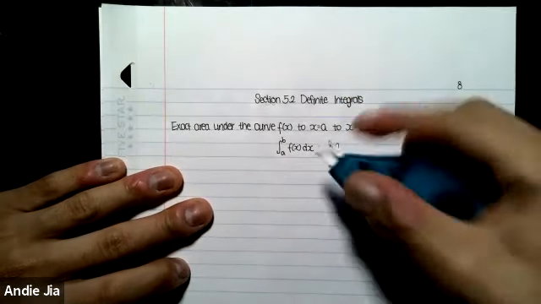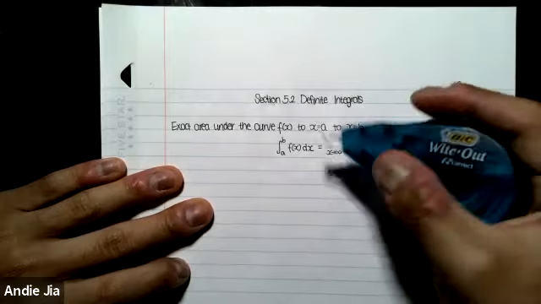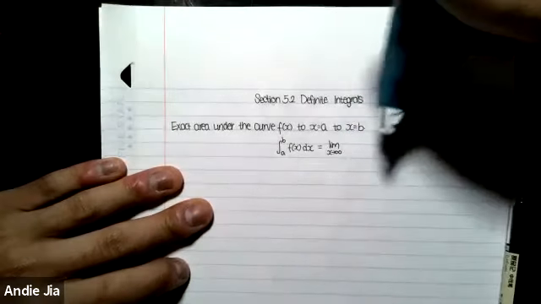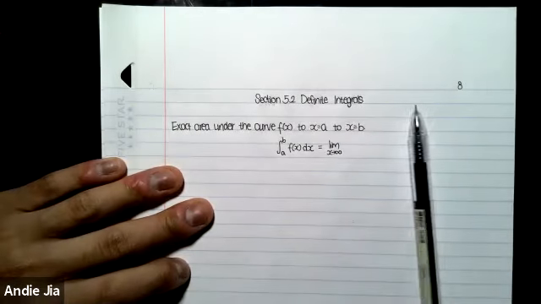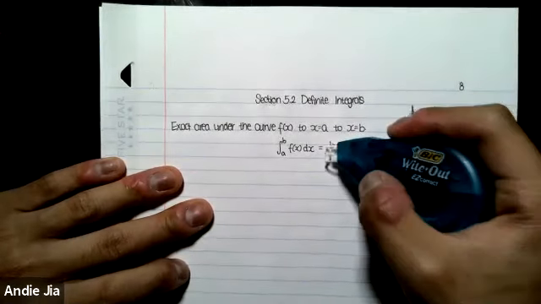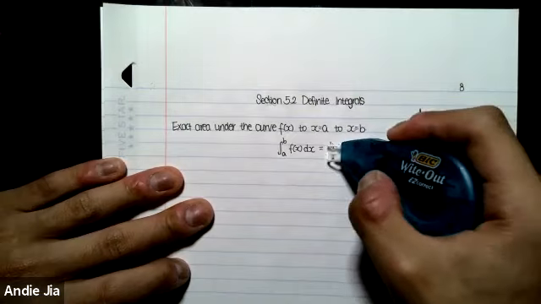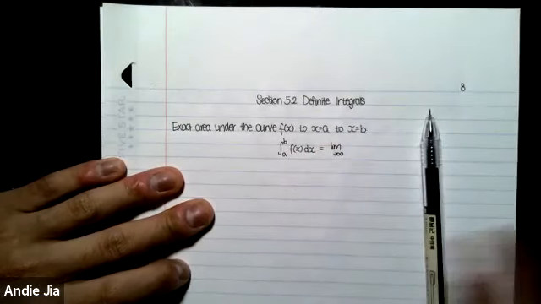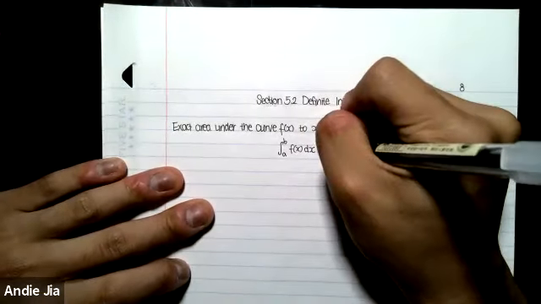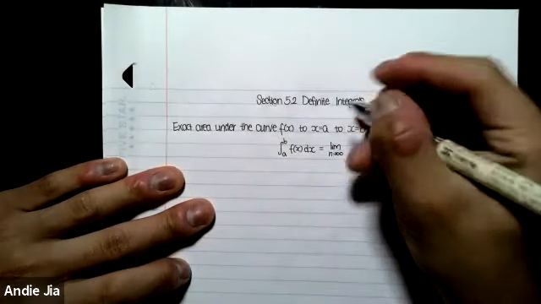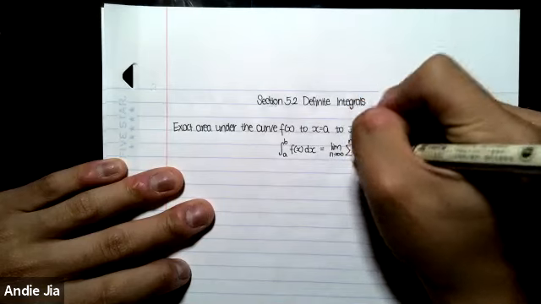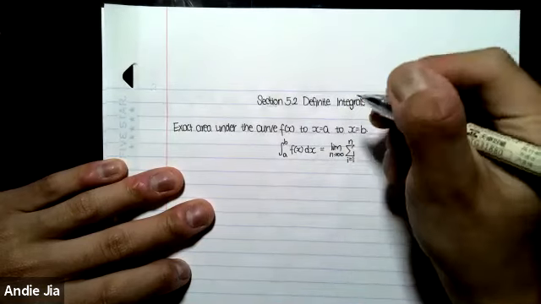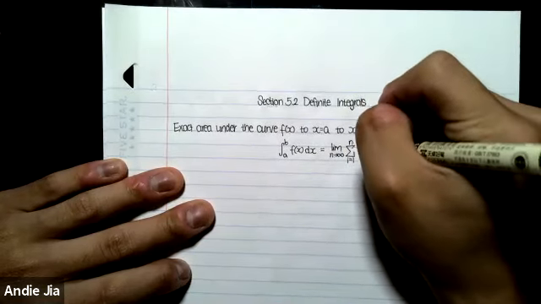As n goes to infinity. Sorry for the mistake, because it's past midnight. It's like the Riemann sum limit.